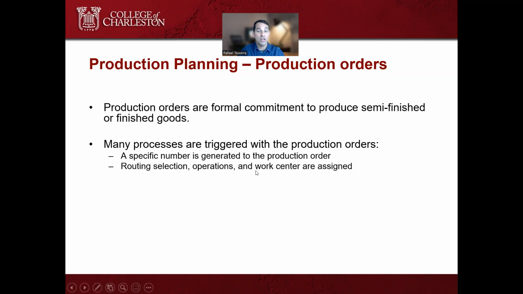Routing selection, operations, and work centers are assigned. So in the manufacturing plant, we have routing selection, which says which parts are going to which processes, and in which work centers. The bill of materials, which is the recipe or how to make a product, is selected and components are allocated to operations.